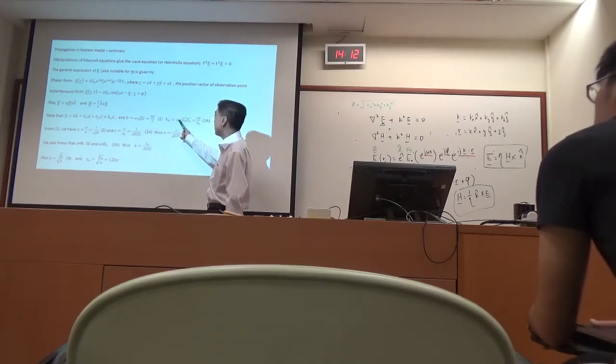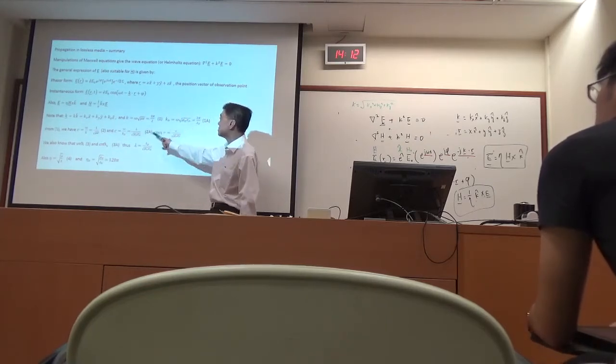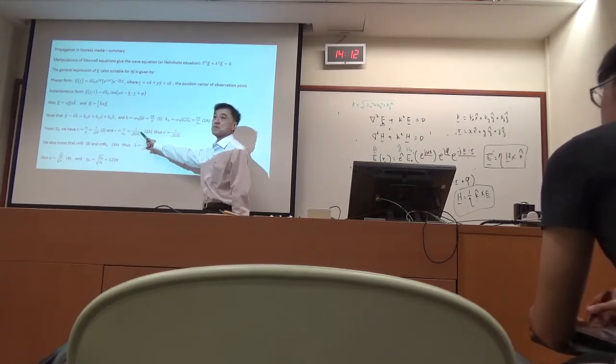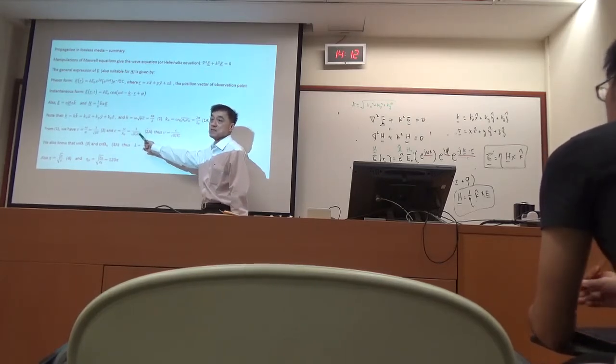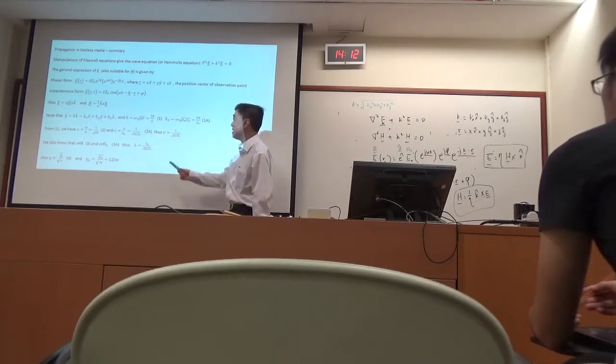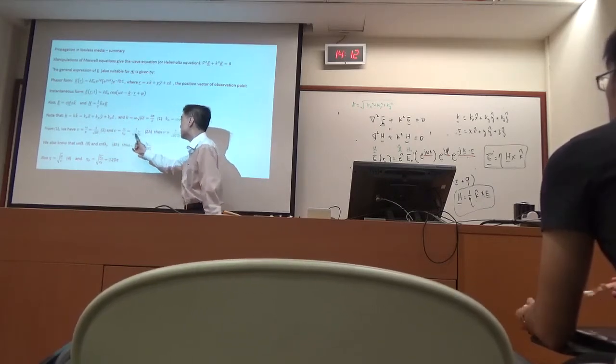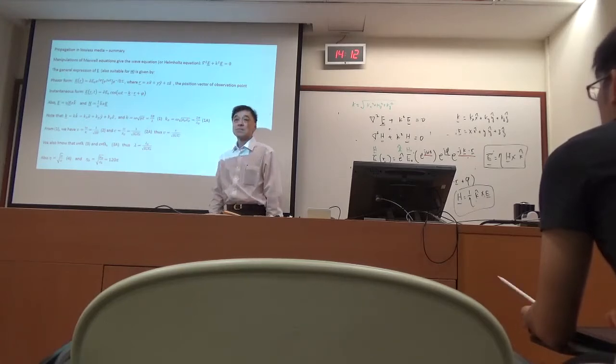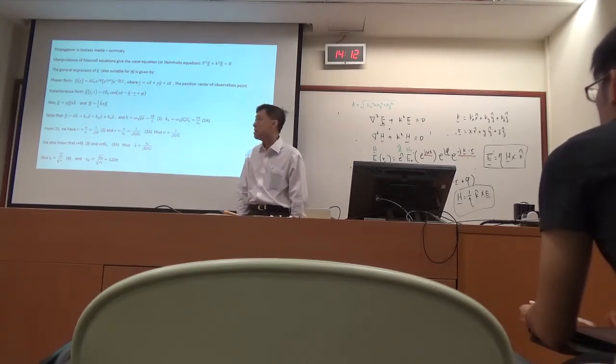And ω divided by k0 is equal to 1 over square root of μ0ε0. This is the speed of light in free space, 3 times 10 to the power 8 meters per second. These two relationships give simply v equal to c over square root of μr εr.